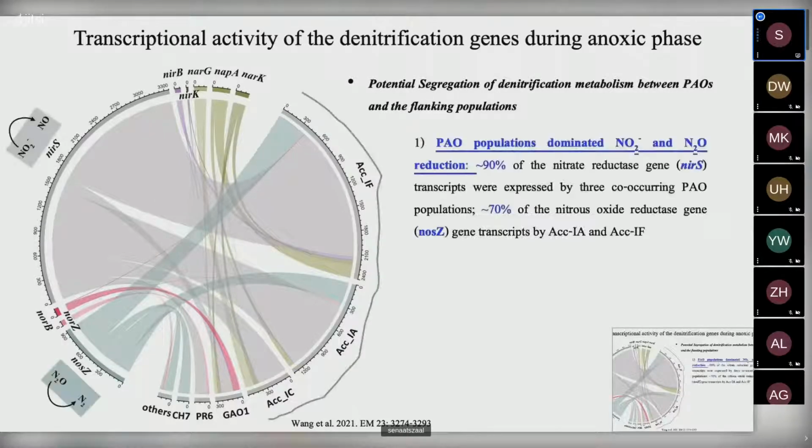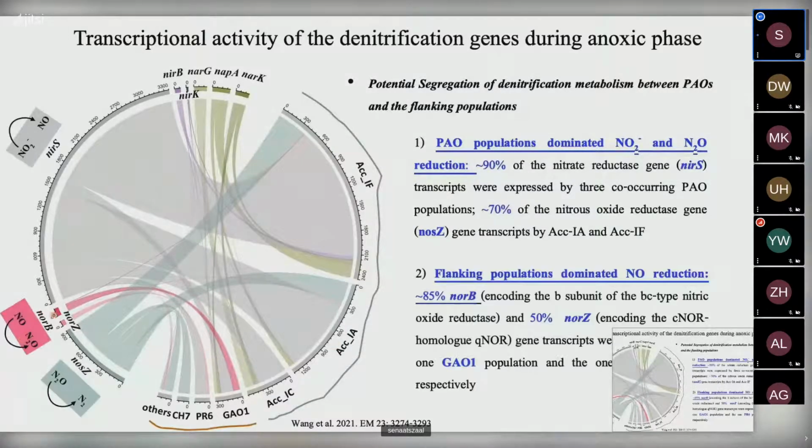To be specific, both nitrite reduction and nitrous oxide reduction were dominated by the Acinetobacter PAO population, while nitric oxide reduction was dominated by the flanking populations, especially the 1 Competibacter GAO population and the 1 Proteobacteria PR6 population.